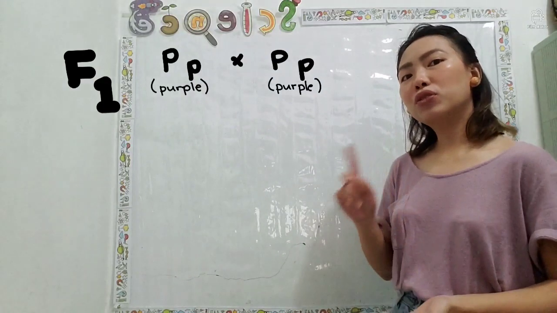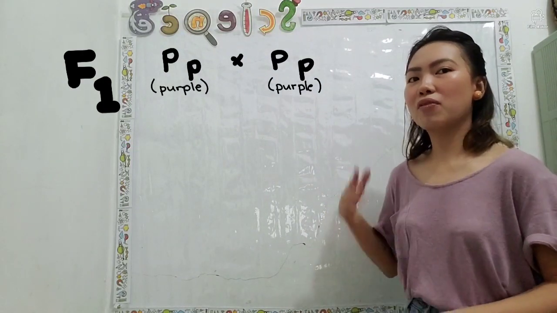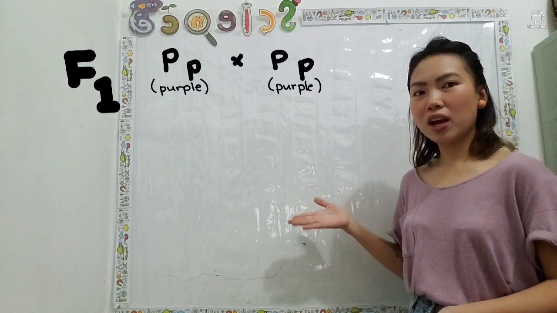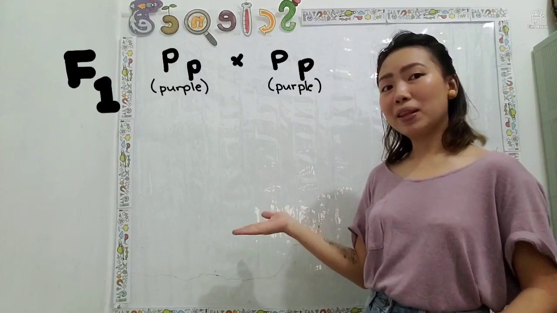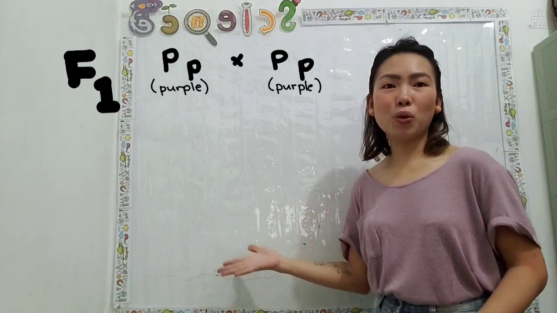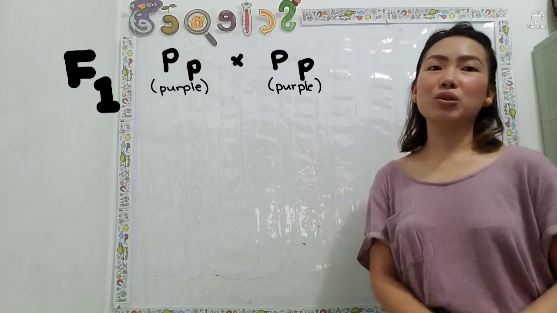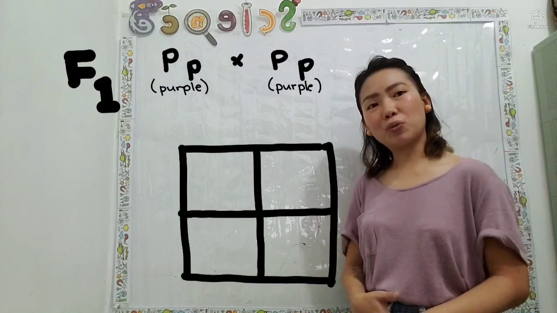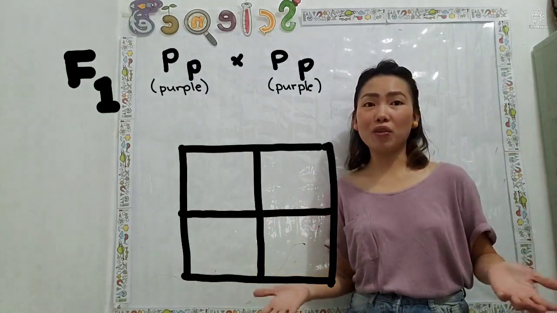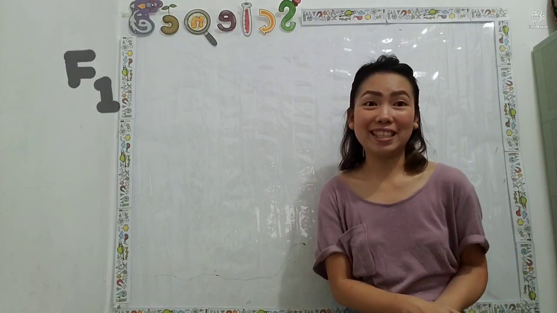So since we have two heterozygous, so we have capital and small letter, will be crossed with another capital and small letter, which is both a dominant purple flower. So again, using the diagram of Punnett square, we will identify the result of our cross.